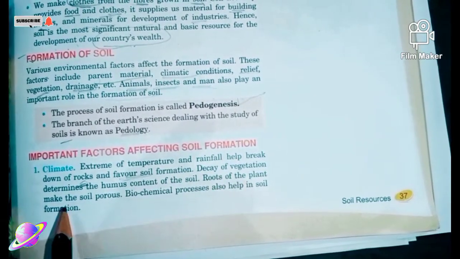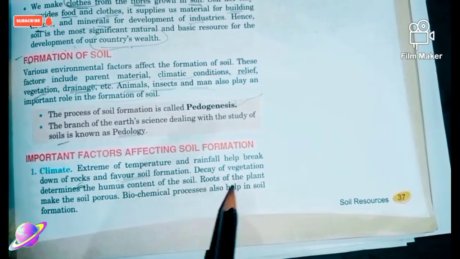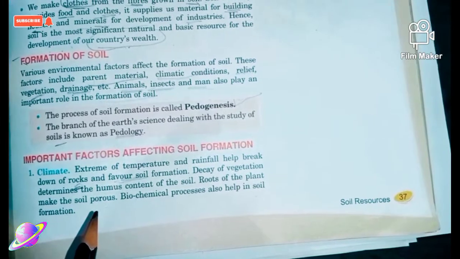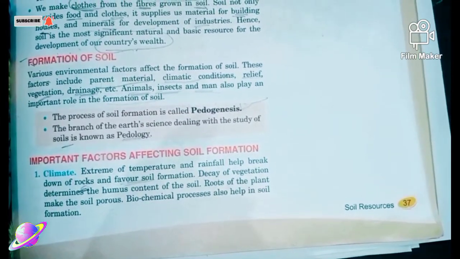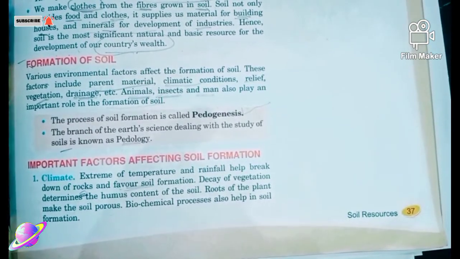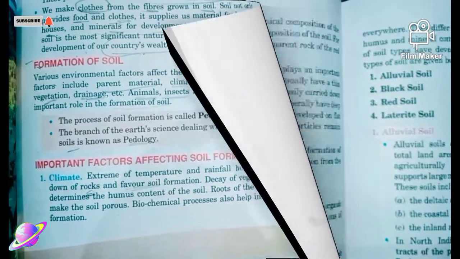The roots of the plants make the soil porous, and biochemical processes also help in soil formation. And all these factors are related to what? Climate. So this is how the formation of soil takes place. In short, temperature and rain.